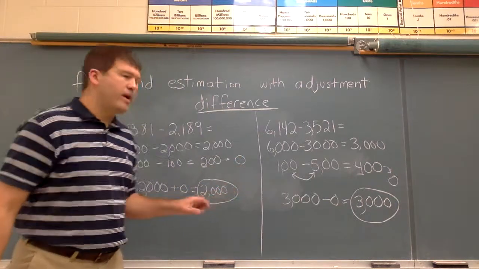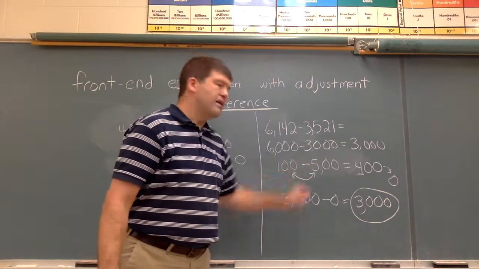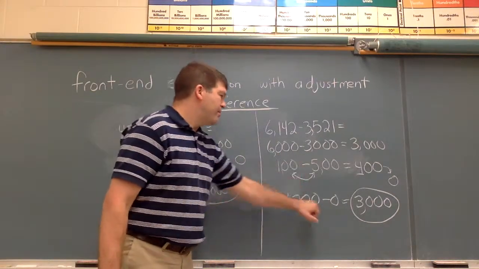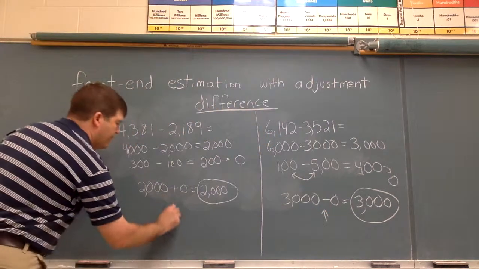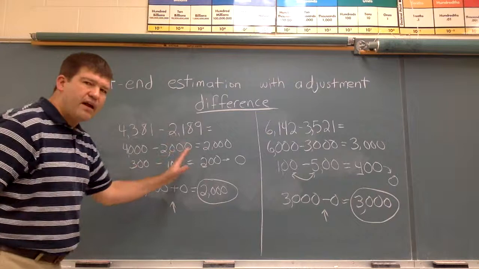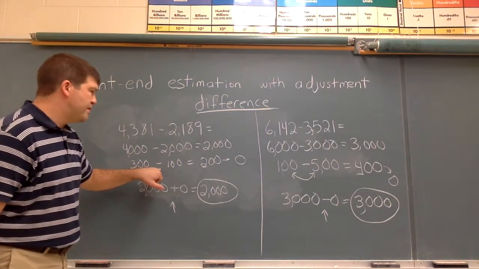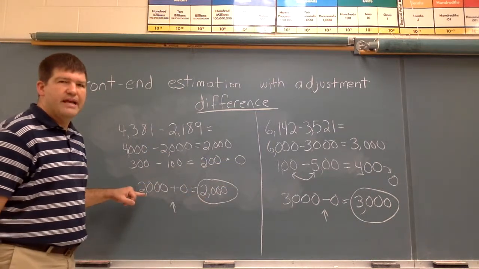Pretty much the same way, except for when you get to your hundreds, if you cannot subtract them correctly, then you flip them, and by flipping them, you change this right here. So if everything works out, you subtract your thousands, subtract your hundreds, round your hundreds, and then you add your hundreds and your thousands.